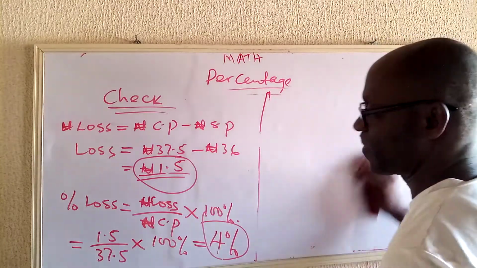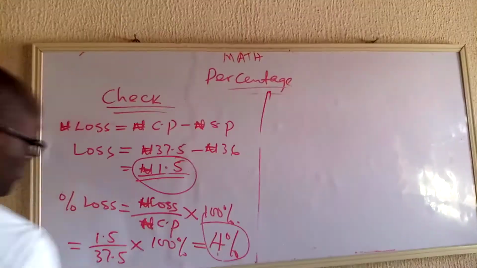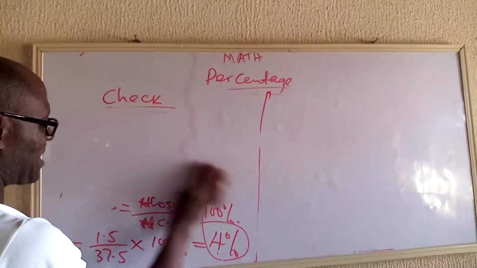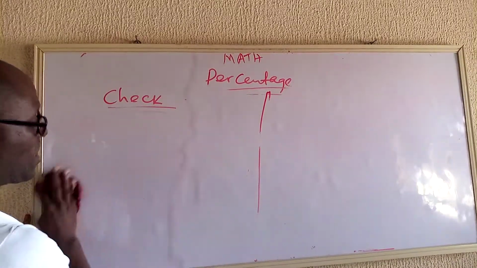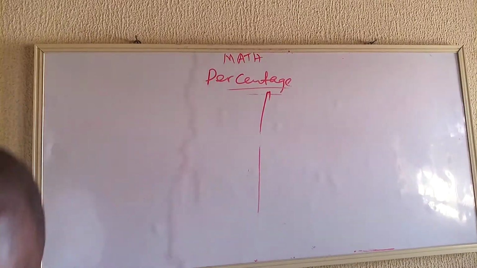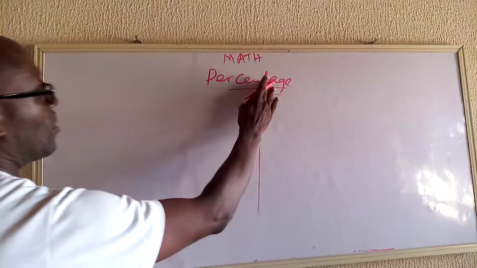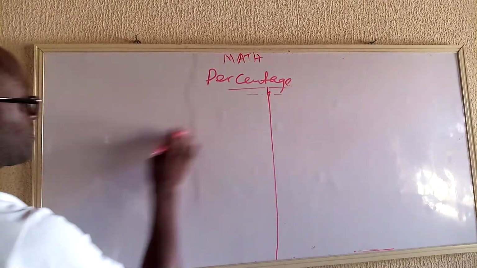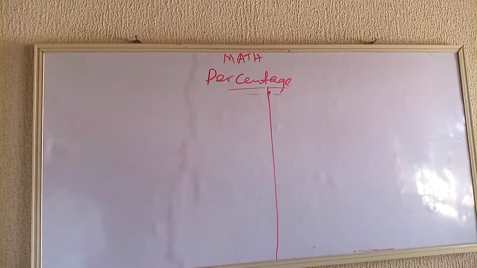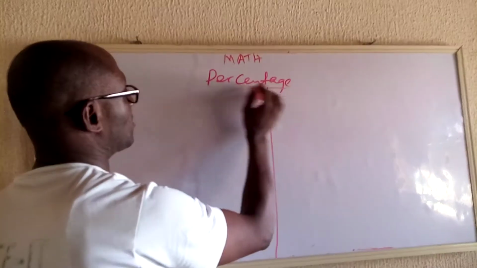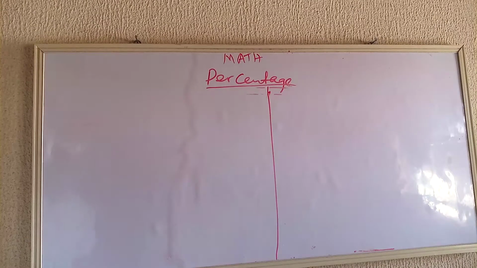Another example. But before we do another example, this same question, I have a formula I personally developed. Though it must be in existence, it might have been in existence, but I did not come across it in any of the textbooks.